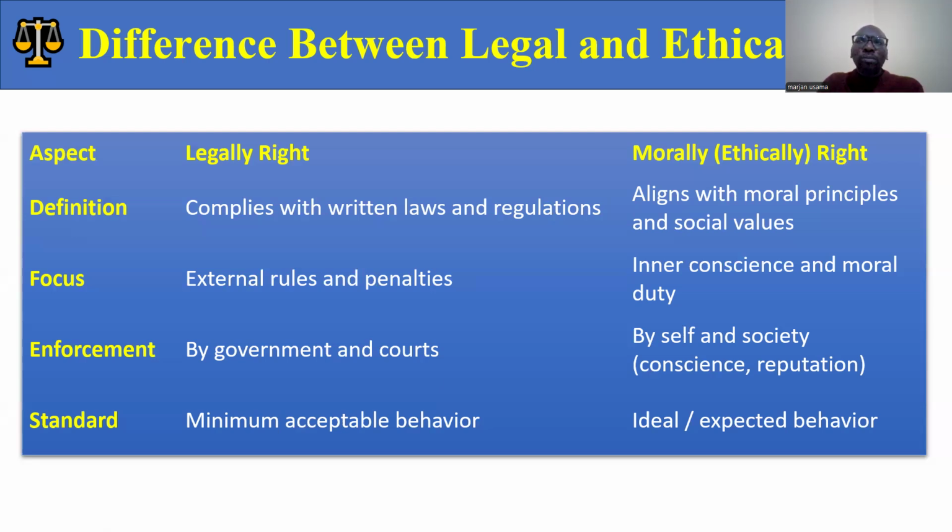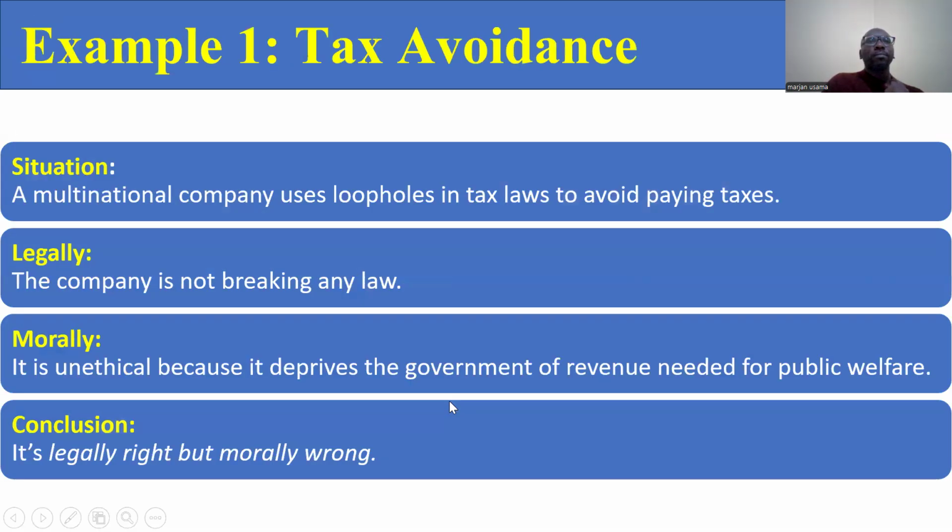You are Muslim, you should not be doing it. Then the standard. The law sets the minimum acceptable behavior. That is al-had al-adna. While something that is moral is al-had al-a'la, the ideal, the behavior that is expected from the world, from the society.